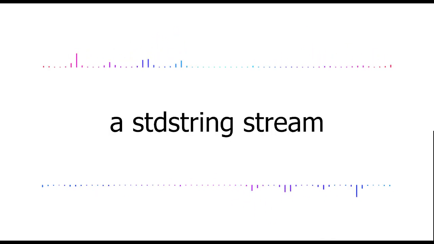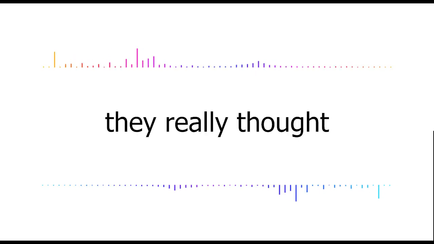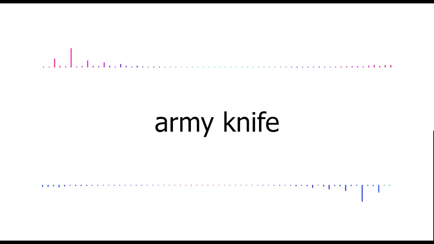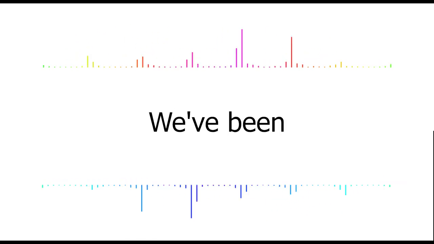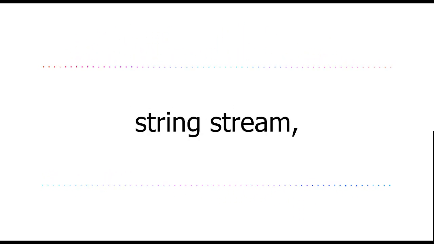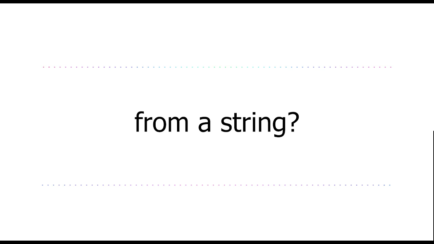So you've got std::stringstream for working with char characters, std::wstringstream for wide characters, and so on. Wow, they really thought of everything. This C++ strings library is like a Swiss Army knife for string manipulation. It really is. Oh, and one more thing about string streams. We've been talking about std::basic_stringstream, which handles both input and output. But what if you only need to read data from a string?